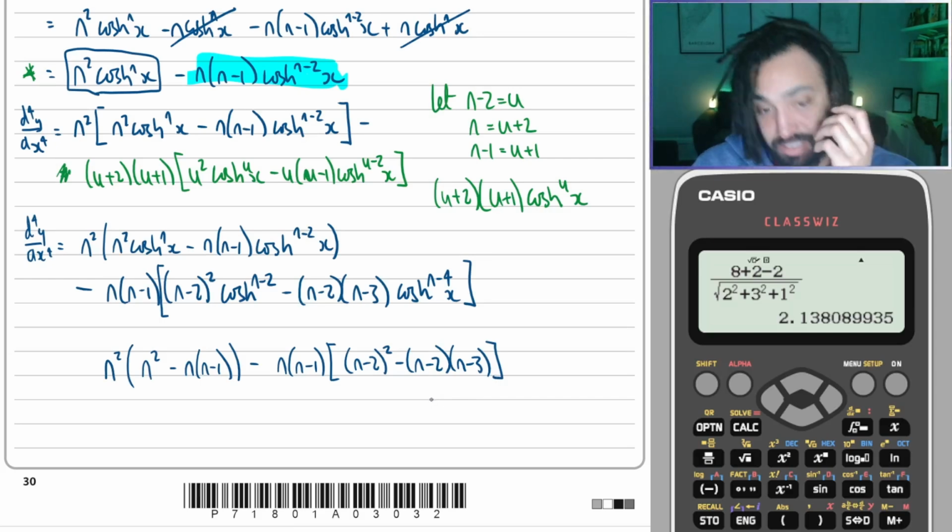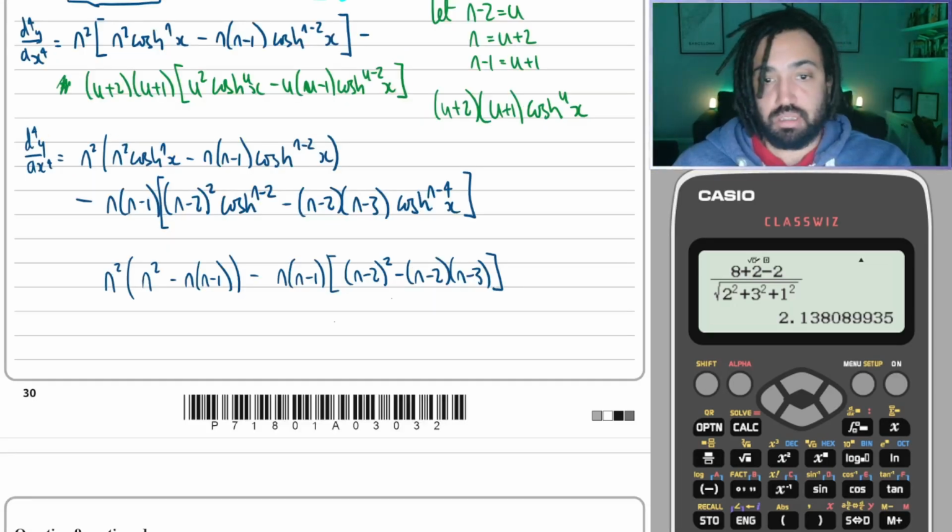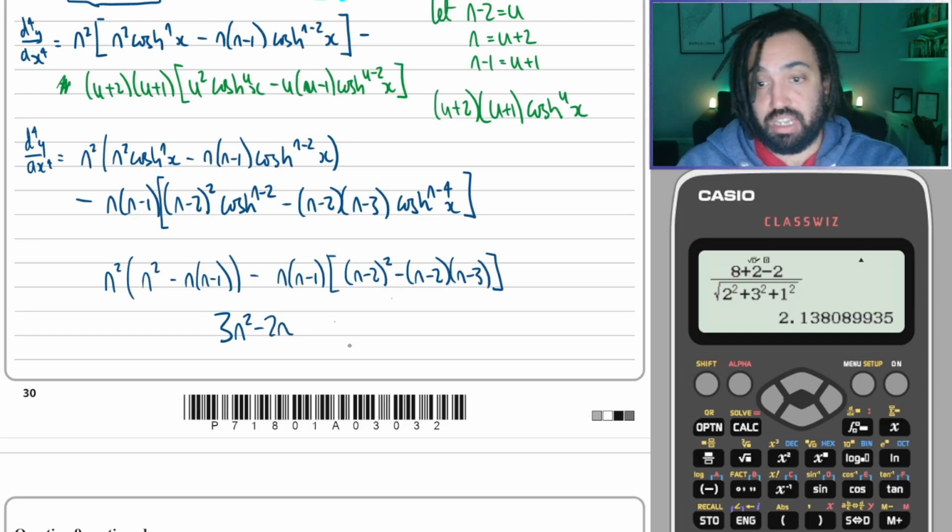Okay, I've done all the legwork and this simplifies down to 3n squared minus 2n. Obviously check it if you want, but I don't want to waste too much time in the video, and that's what it simplifies to.